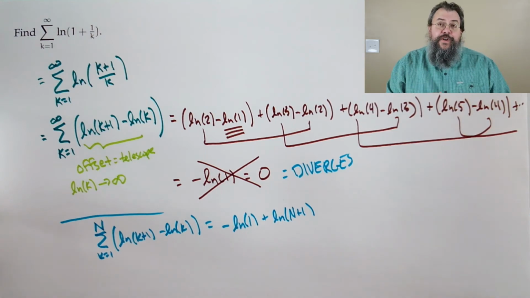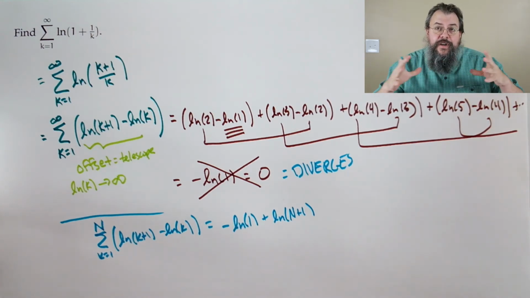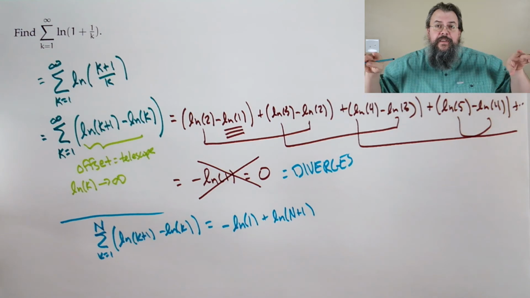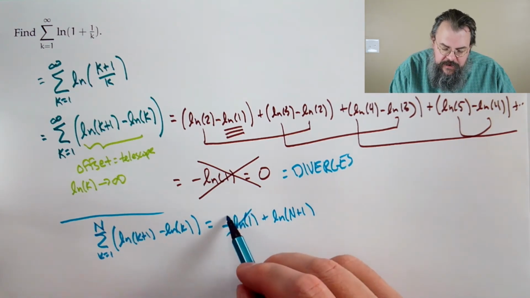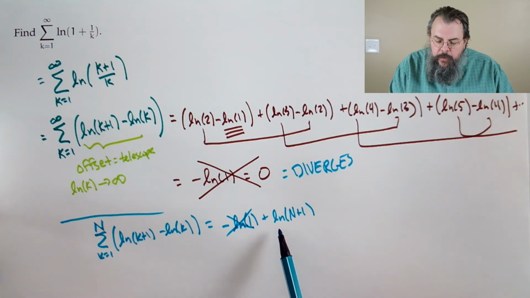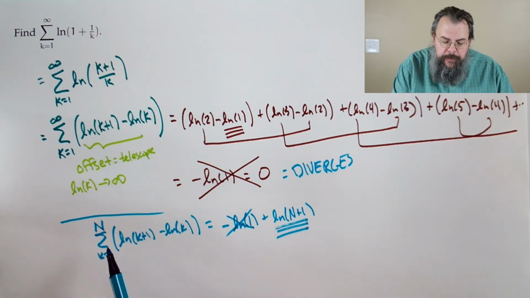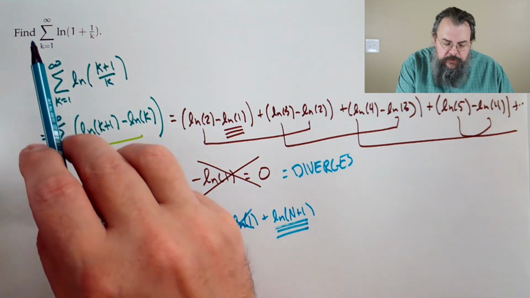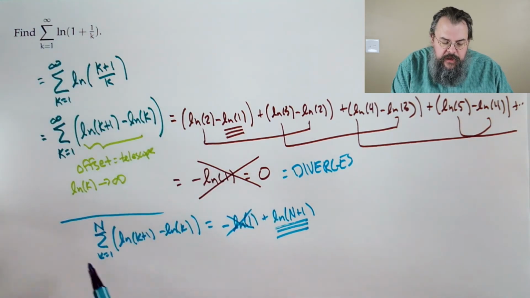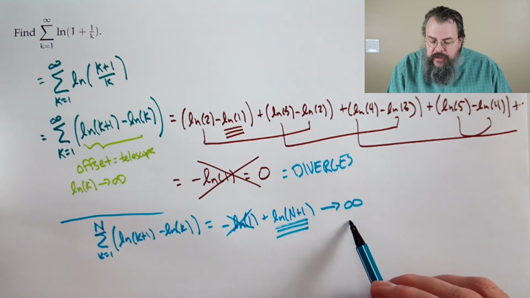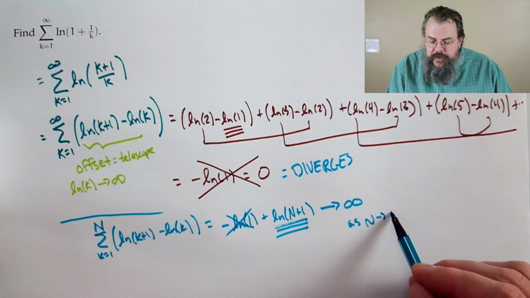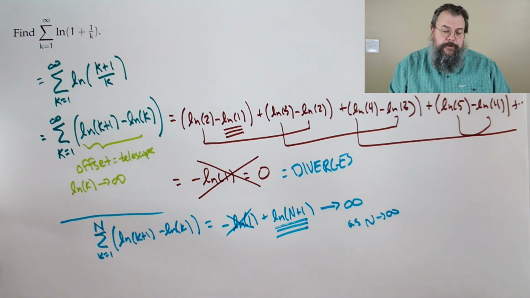See, the idea of telescoping sums is that when you put it all together, you get lots of cancellation except for little bits on the end. So there's a little bit of stuff here on the end. And now you say, great, well, log 1 is 0, that goes away. We want to do this infinite sum, so we say now let capital N go to infinity. This goes to infinity as capital N goes to infinity. And therefore, it's an infinite sum.